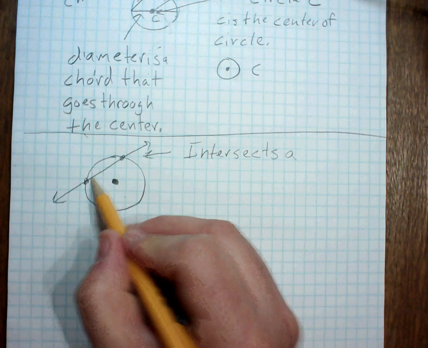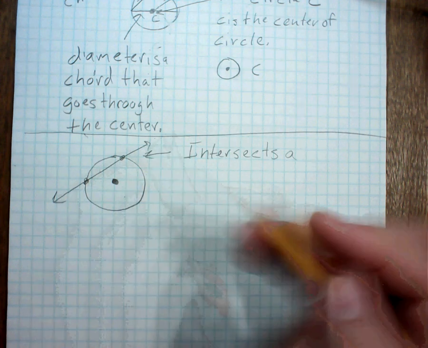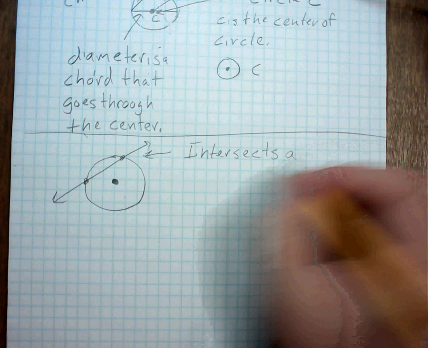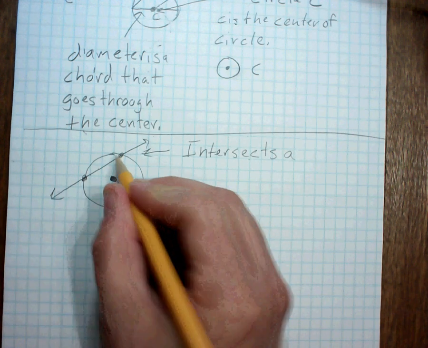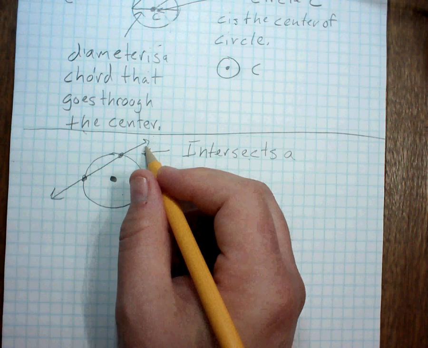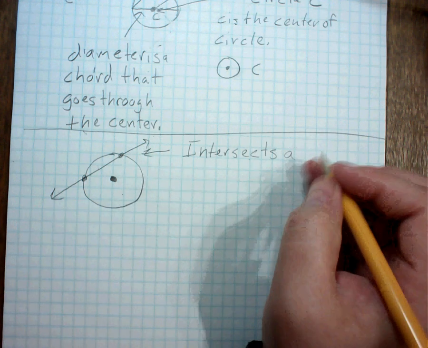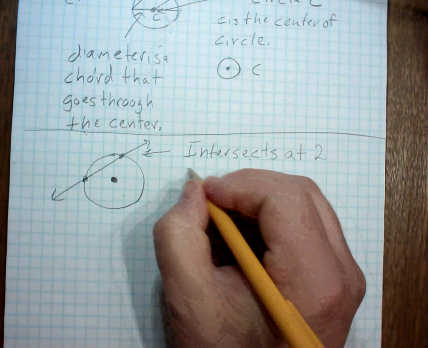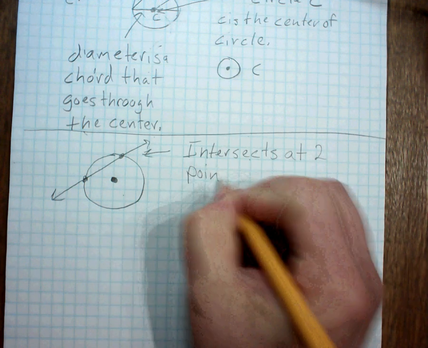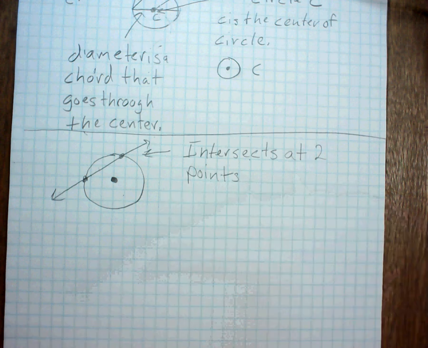This from here to here is a chord, but when I have a line that goes beyond it, we give it a different name, because technically from this point to this point is the chord, but the line is going outside of the circle. So we're going to focus on the entire line, and if it intersects at 2 points, then we call that a secant line.